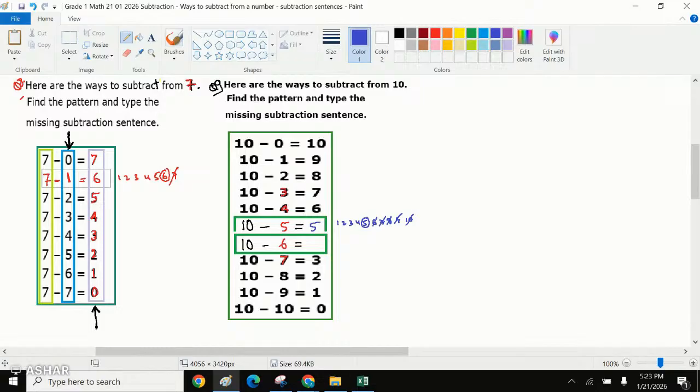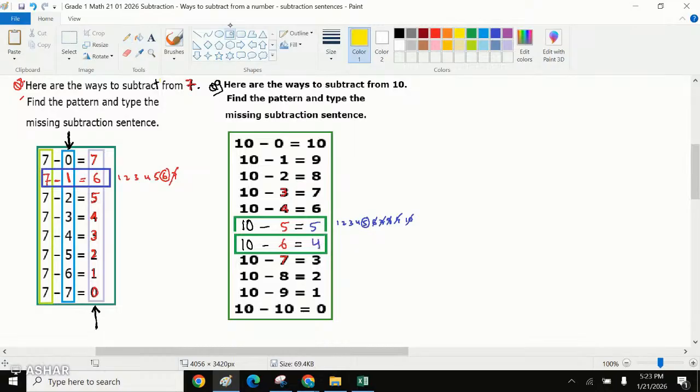Or if we have 10 minus 6, how can we find it? If we open up our 10 fingers and we close 6, how many fingers are left? Yes, we would be left with 4 open fingers, right?